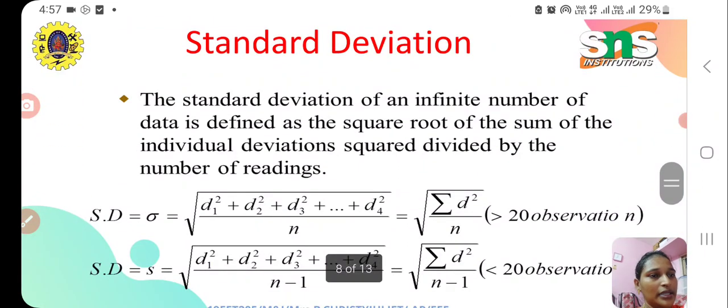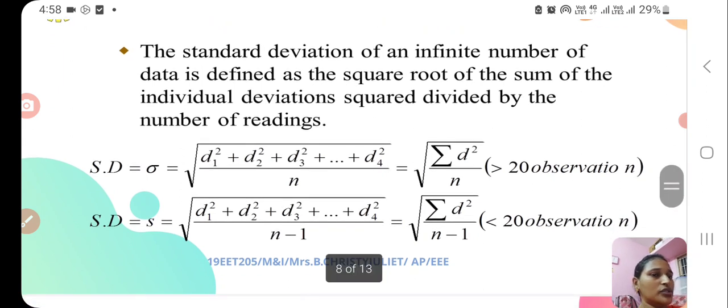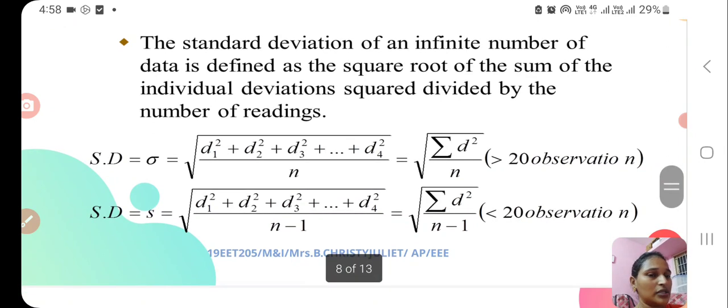Next is standard deviation. This formula is very familiar to us. It is the square root of the sum of the individual deviations squared divided by the number of readings. I am taking the deviation of each and every reading. For example, if I have 10 readings, then I will find 10 deviations, and I take the square root of the sum of the individual deviations squared divided by the total number of readings, n, where n is equal to 10.